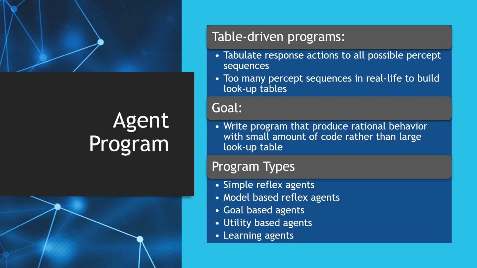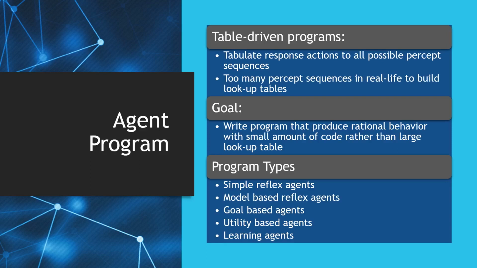And so that's why instead of using lookup tables, we use agent programs, as you will see in future videos, to make rational behaviors artificially. And there are many methods of doing this. In other words, there are many different types of agent programs. We have simple reflex agents, model-based reflex agents, goal-based agents, utility-based agents, and learning agents.